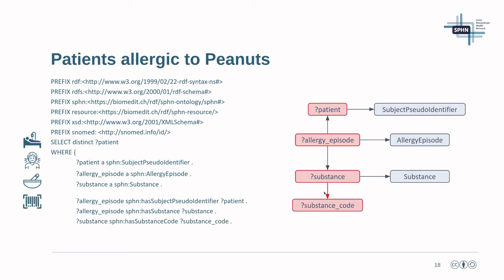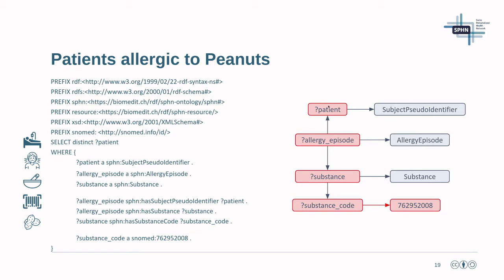And finally, the substance had a further annotation through the substance code. So we are also representing this. So the substance variable must be connected to the substance code through the has substance code property. And this substance code must be of type this SNOMED CT ID, which corresponds to peanuts.